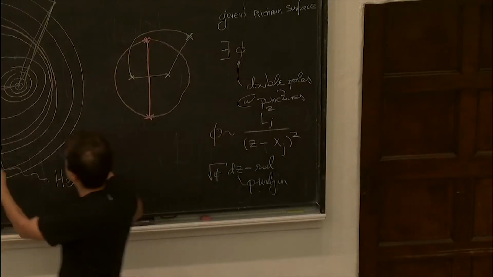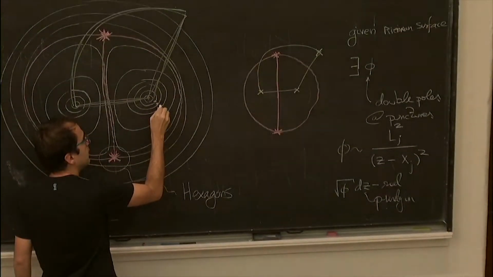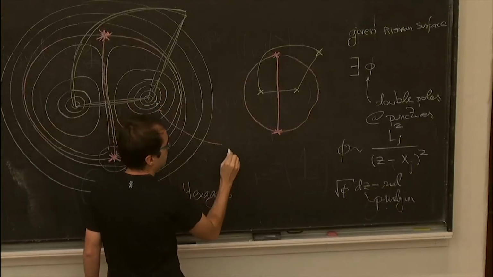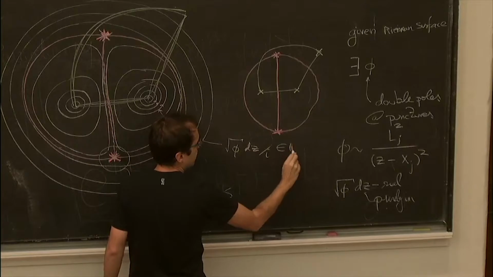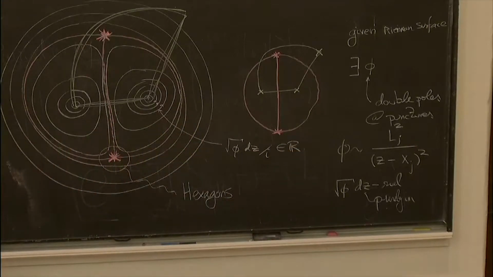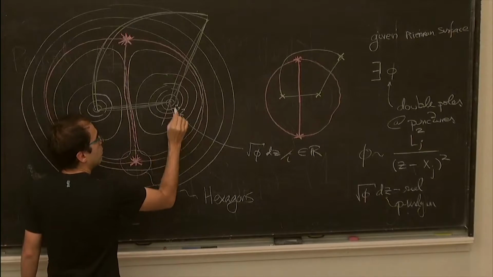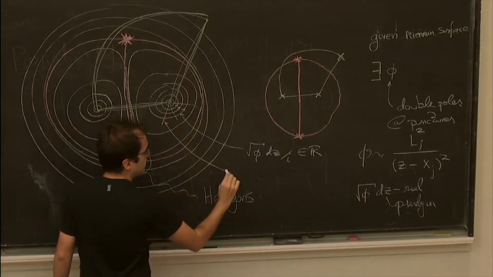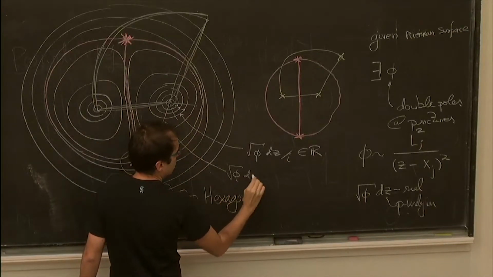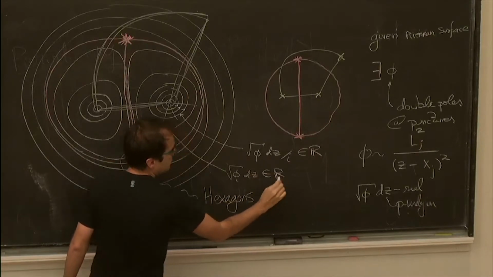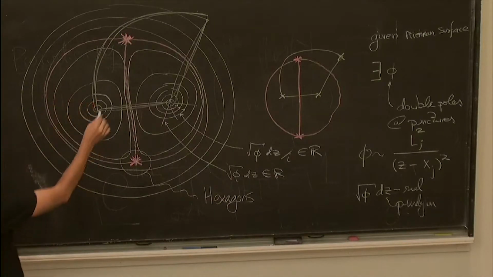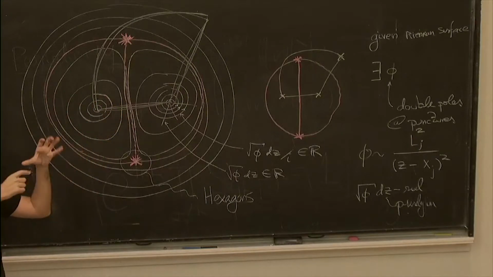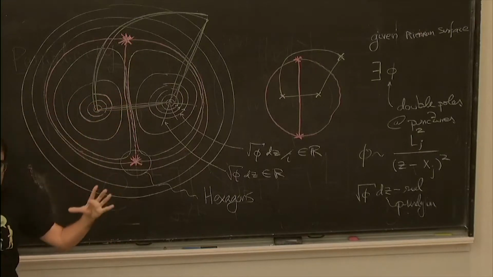So these lines here, which go around the operator, would be the lines where square root of phi dz is purely imaginary. So if I divide by i, it will become a real number. And these other lines, which leave the operator, are called the vertical coordinates. These are the lines where square root of phi dz is real. Okay? So close to each puncture, just by computing where its lines are imaginary, this differential starts putting some coordinates on my worldsheet.